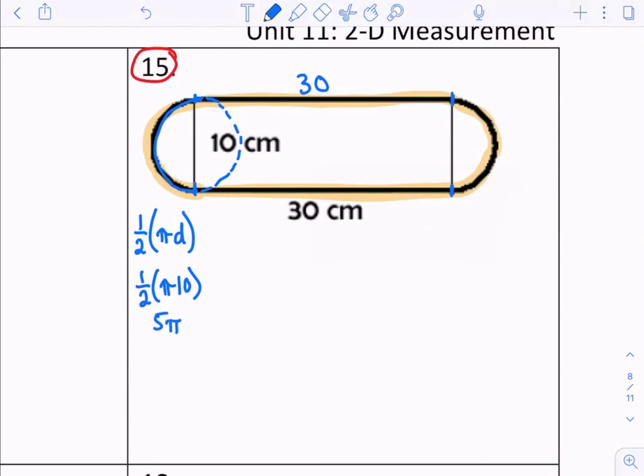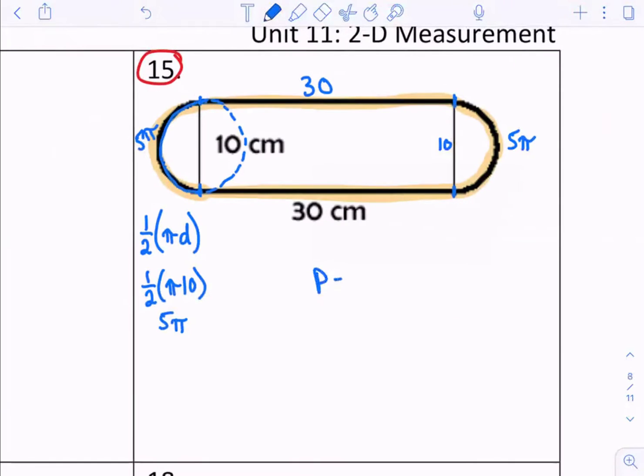So we have 5 pi on this side, and we have 5 pi then on this side, because if this is 10, then that means that is 10. So it works out. So really, our perimeter here is 30 plus 30 plus 5 pi plus 5 pi. So it's 60 plus 10 pi.